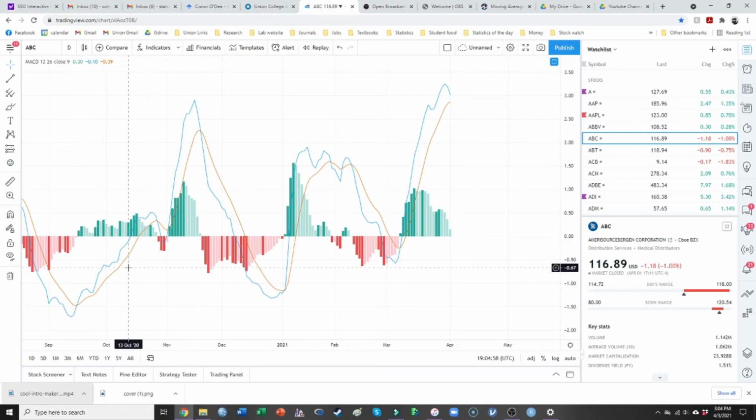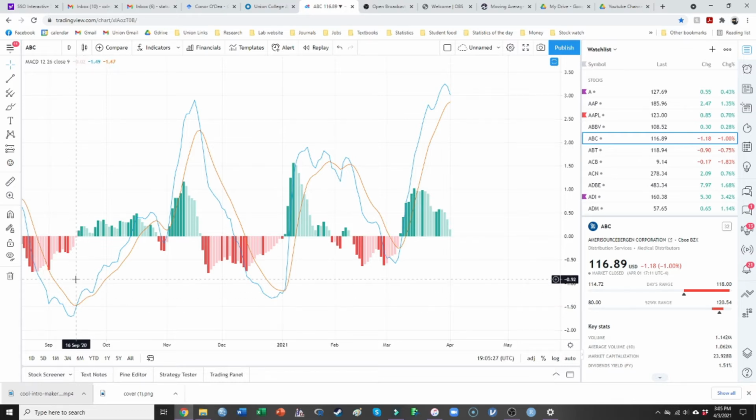As the strength of the trend is going more and more negative, the MACD line is going to be beneath that orange signal line. Then when we start to see a reversal in the strength of the trend, it's going to eventually slow, and then the blue line crosses the orange line.